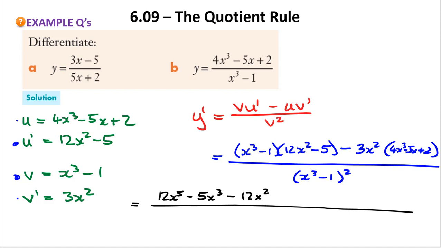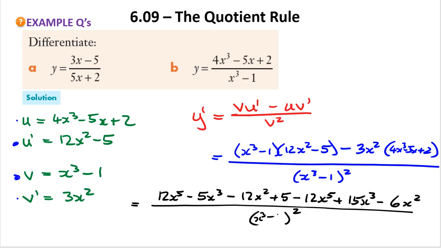Minus 1 times minus 5 is positive 5. And then do this last bit here, so we're going to have minus 12x to the 5. What's that? It's positive 15x cubed. And the last term there will be plus 6x, oh sorry, minus 6x squared. And again, we're just going to have that bit squared.